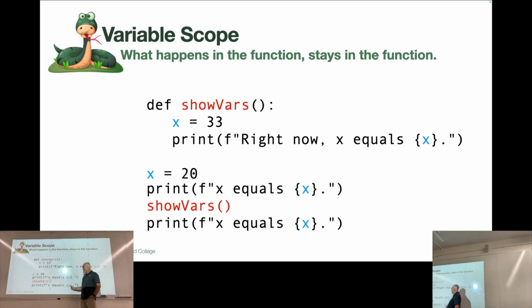The mystery is what happens here. Because I've told x to equal 20, and then I've told x to equal 33.